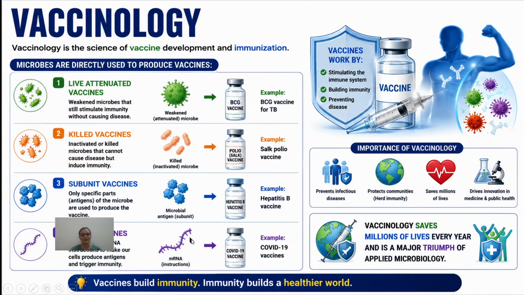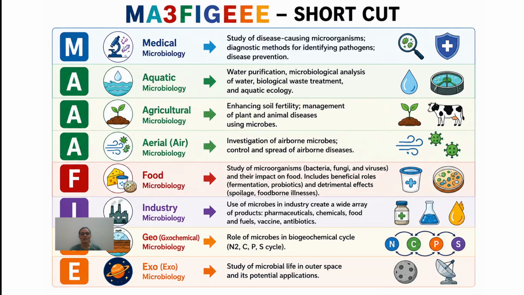These are the various types of vaccines, and here you can see that they are given against specific types of disease, and they prevent different kinds of disease, stimulate our immune system, and build our immunity. So this is a shortcut of the applied areas of microbiology. You can take a screenshot and easily remember it.